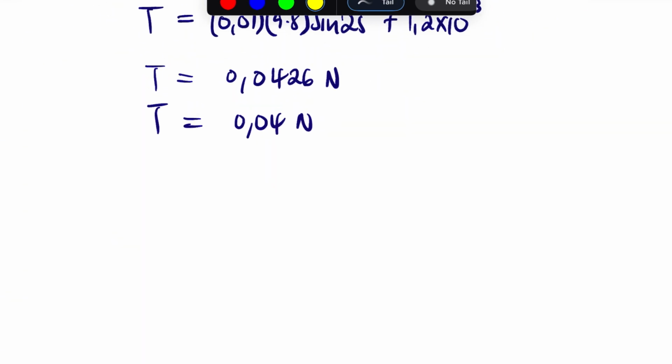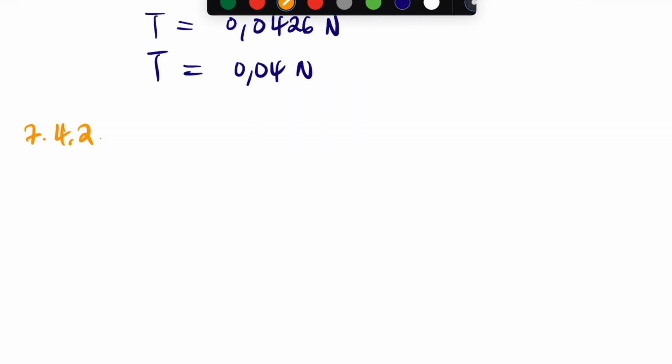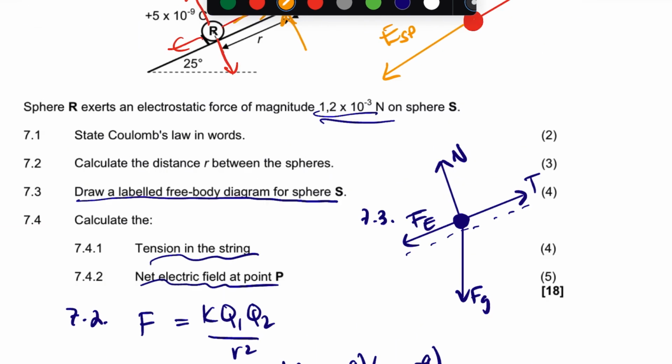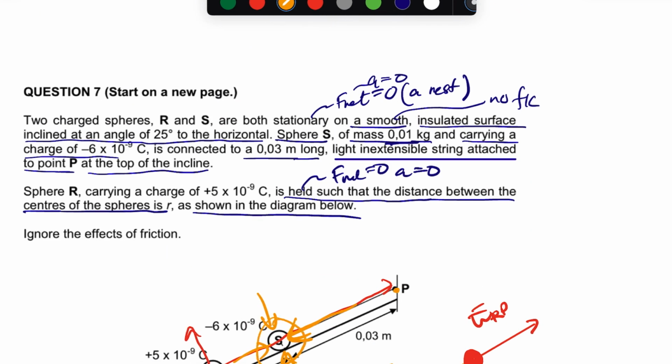So when we calculate it, 7.4.2. I'll calculate the electric field of S on P. It's kQ over r squared. S on P is from here to here.